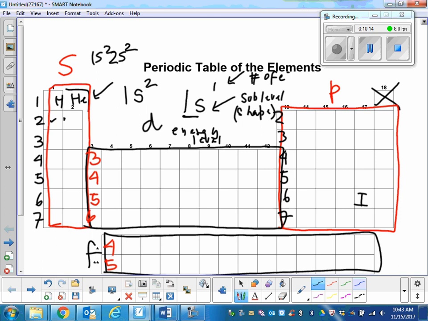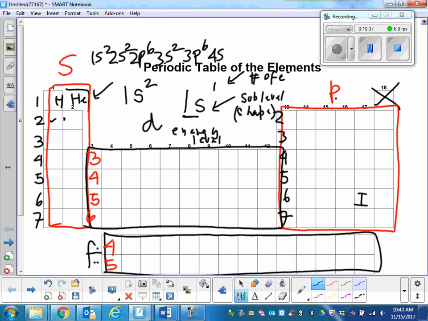1, 2, 3, 4, 5, 6. It's 2p6. All right? After 2p6, it's 3s2. Correct? Then it's 3p6. All right? After 3p6, what do I come down to? 4s.